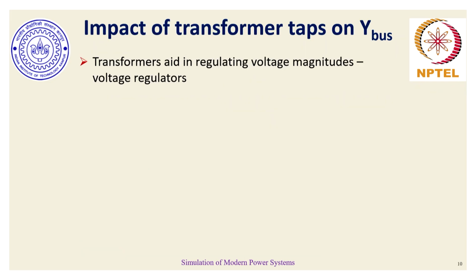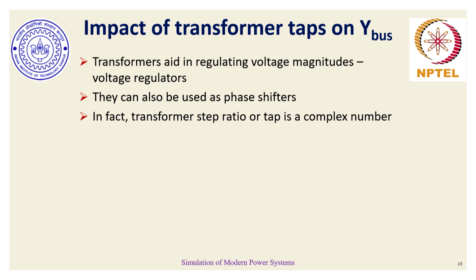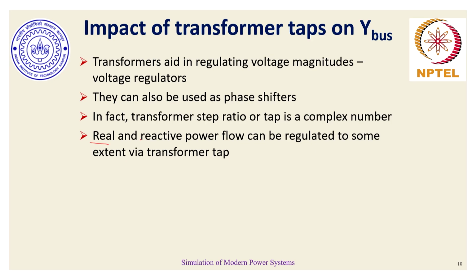Moving on to the consideration of transformer taps in the bus admittance matrix. As I mentioned, transformers are used for voltage regulation effect as well as for phase shifting effect, which can also result in regulation of real and reactive power flow through a transmission network under different operating conditions. And that's the reason why, if we have to model both voltage regulators and phase shifters through a common transformer model, the corresponding transformer tap is often called a complex number.